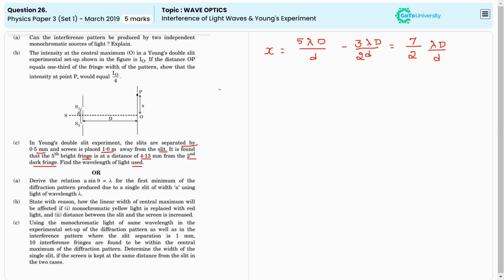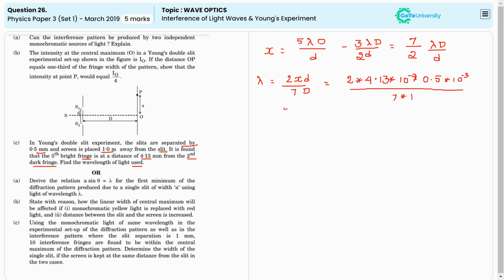Then we get lambda is equal to 2 times x into d divided by 7D, which is equal to 2 times 4.13 into 10 to the power of minus 3 times 0.5 into 10 to the power of minus 3 divided by 7 into 1.